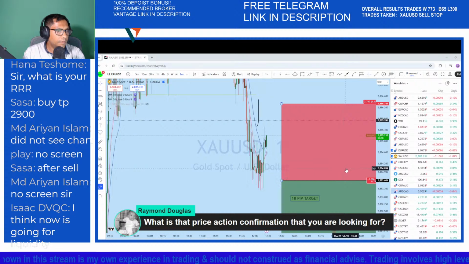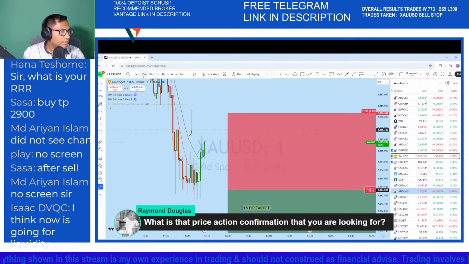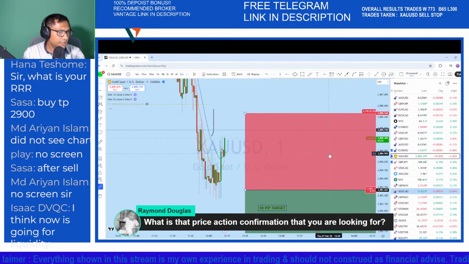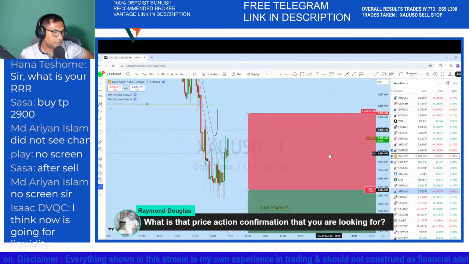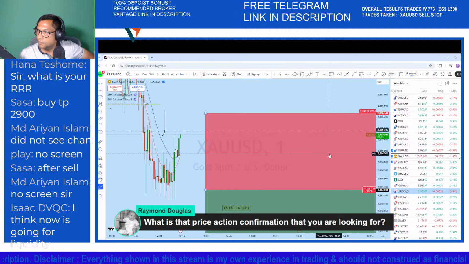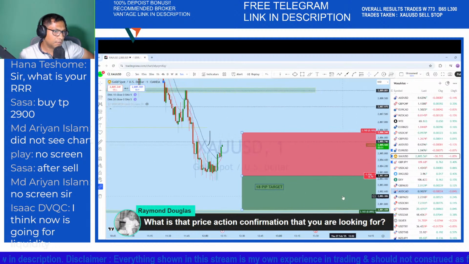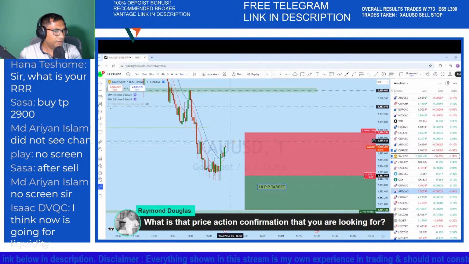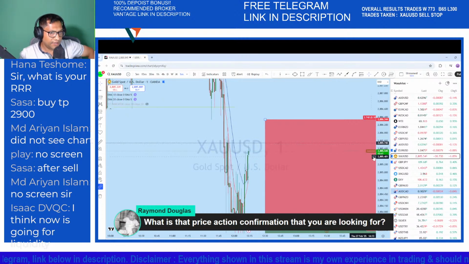So it's a surprising move, but let's wait for this candle to close. Waiting for the market to potentially come back here again to the support level.